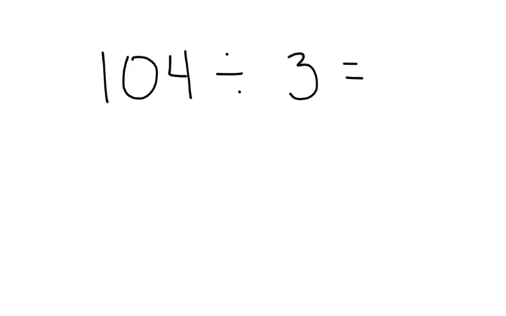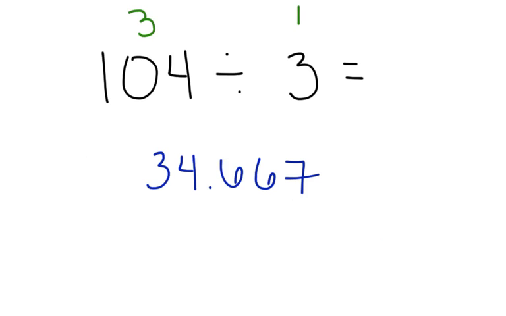And then one more example. 104 divided by 3. When you do this on the calculator, you get 34.666 repeating. So I'll just round it off to 667. Again, looking at the number of sig figs in each number that we divided, 104 has 3 sig figs, 3 only has 1 sig fig.